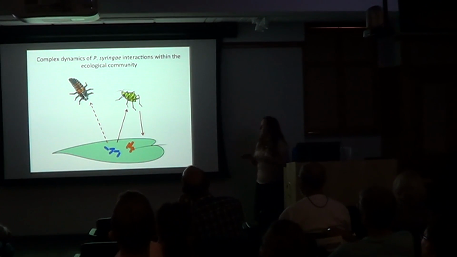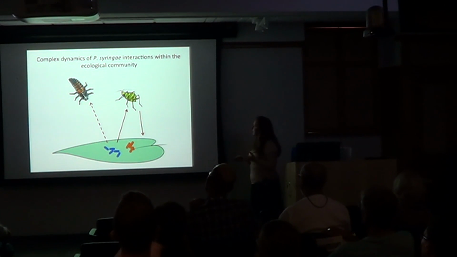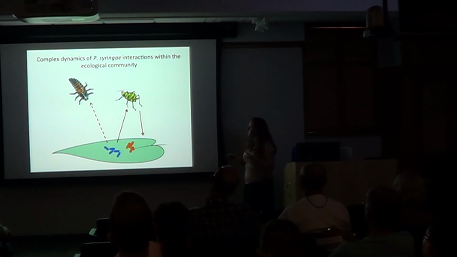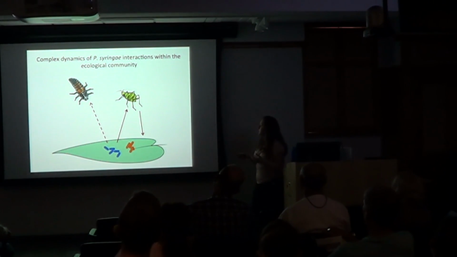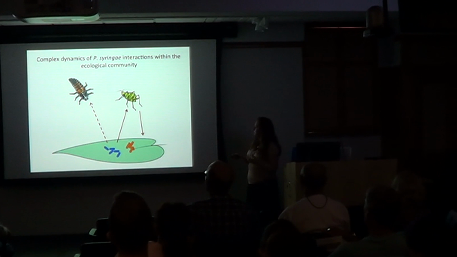And altogether, looking at both sides of this, both the insect and the bacterial side, we're getting a sense that there can be very complex dynamics of how syringae interacts, not only with plants, which of course we know, but also with other members of the ecological community, with insects. We have direct impacts on the survival of aphids, indirect impacts on the survival of predators to aphids.